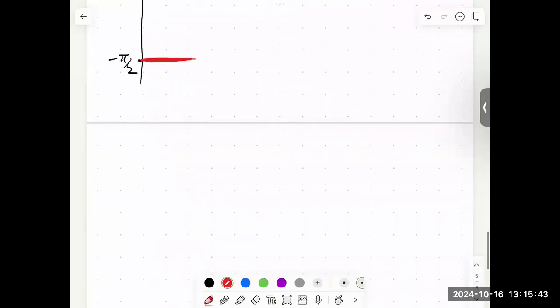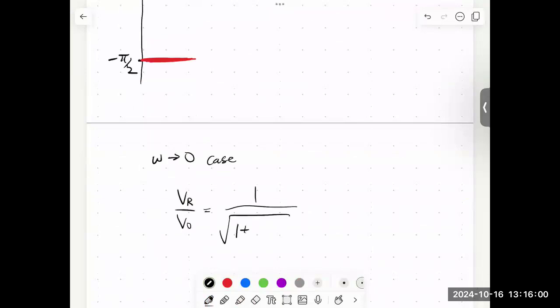So I'll skip the page here, and we're still working on the low frequency case, the omega goes to 0 case. Then we have the ratio of amplitudes, which was 1 divided by the square root of 1 plus omega L over R minus 1 over omega RC, squared. That's what we had.